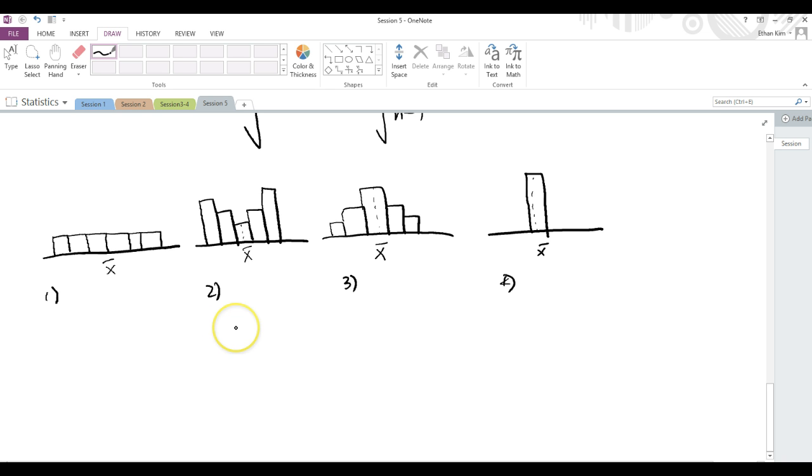And remember that variance is how far the data are from the mean. So the further away they are, the higher the variance. I'll give you about a minute or two to think about this, and I want you to label these graphs in increasing order of variance. Okay?